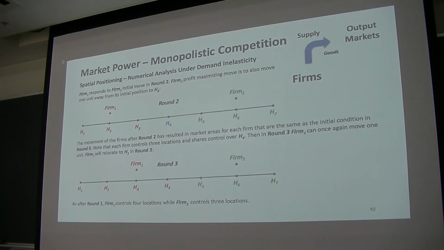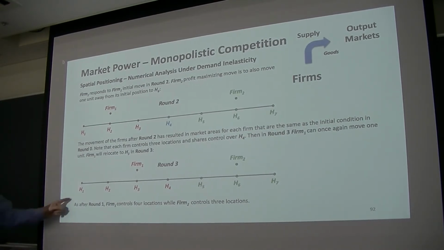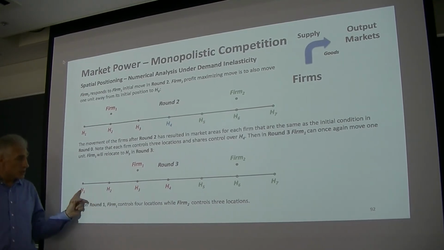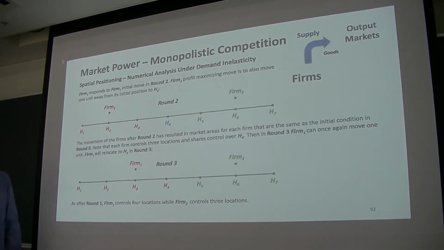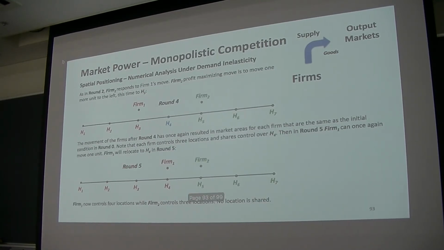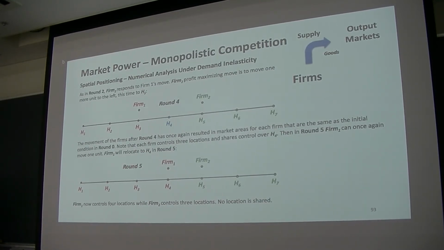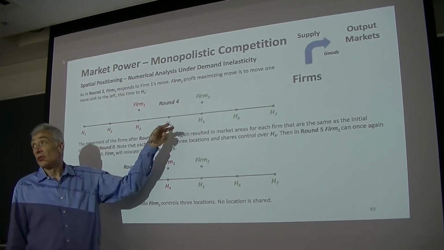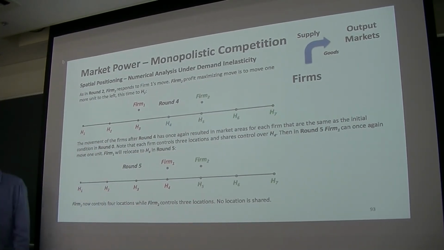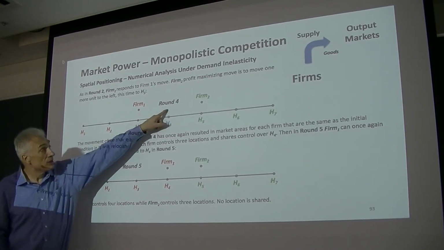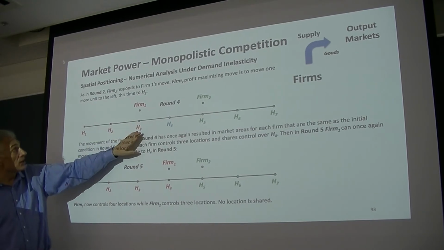For round 3, firm 1 again moves closer, and it controls 4 units again, moving towards the center. In round 4, firm 2 moves again. Of course, none of this is shocking. This is all pretty obvious, but you want to put it down so you can understand the dynamics of what's going on.